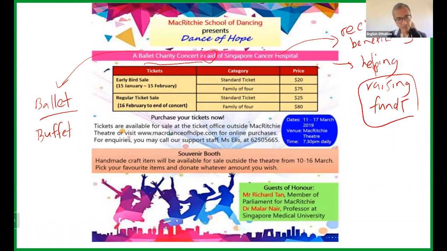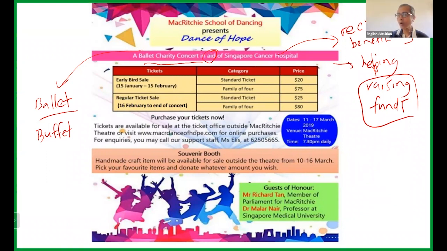Although they seem to be big words, when you learn one or two of these words, you can use them later on in your conversations and in your writing. Hardik, are you with me? Yes. So the recipient or the beneficiary is Singapore Cancer Hospital, and the event is a ballet charity concert.